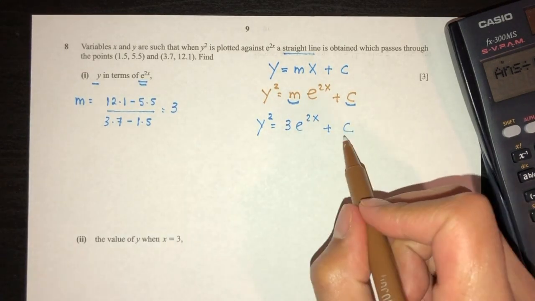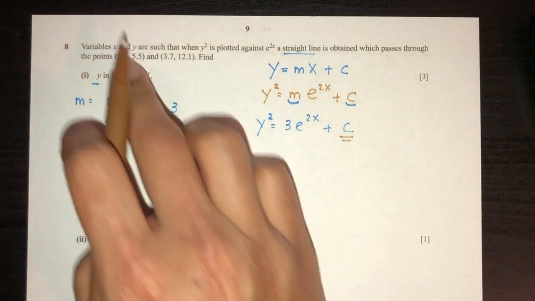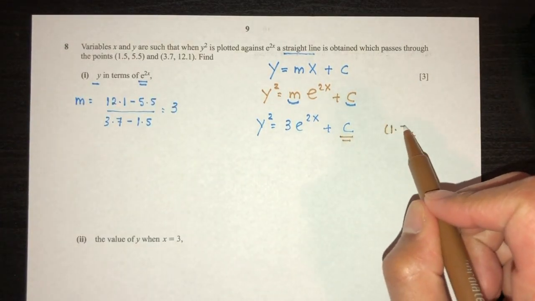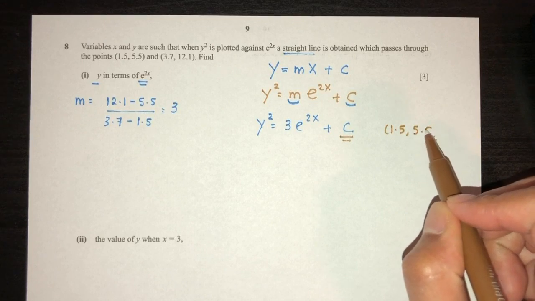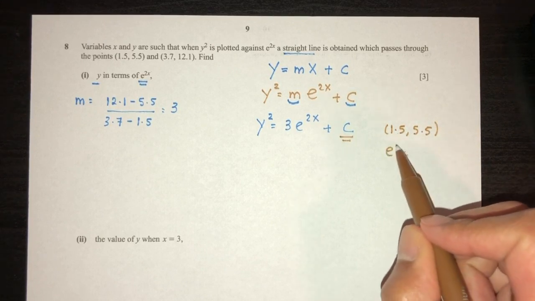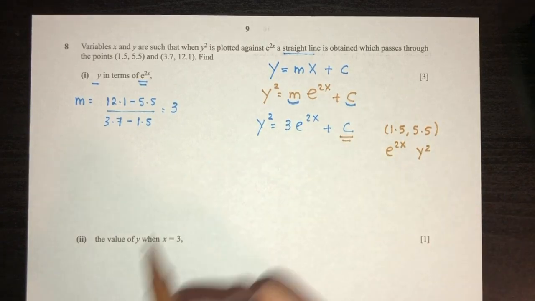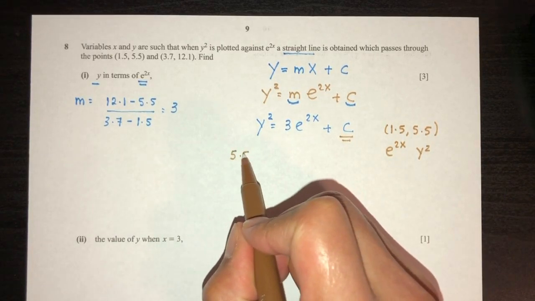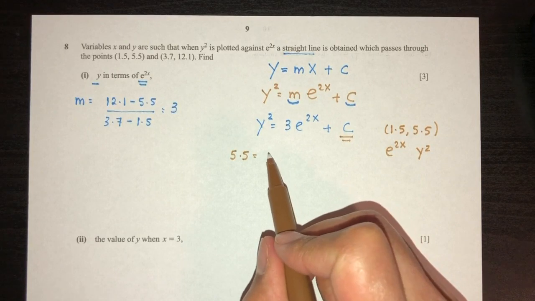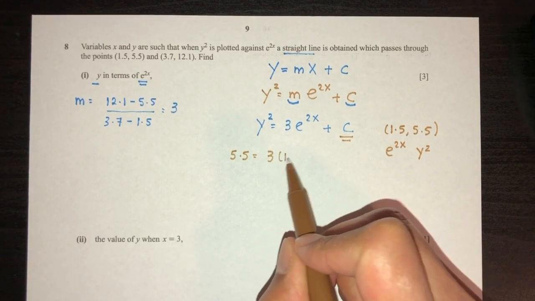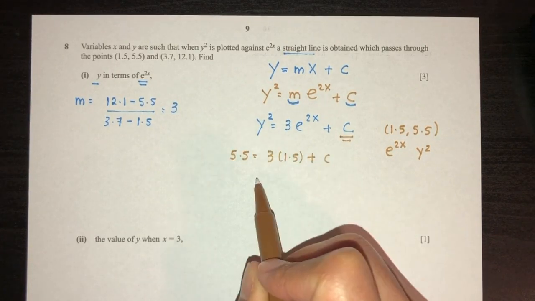Now we have to find the value of c. To find that, we use one of the points. We have 1.5 and 5.5. The first value here is exponential 2x, and here we have y squared. Replacing back in our equation, you will have 5.5 equals 3 times 1.5 plus c. So c has to be what?